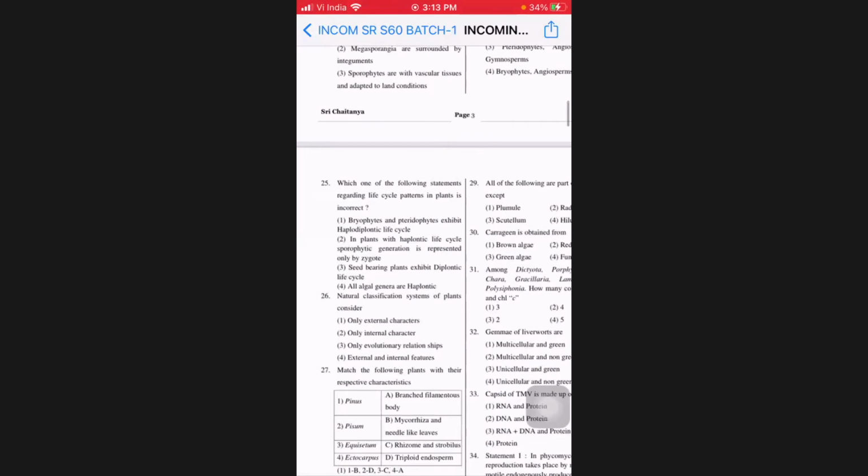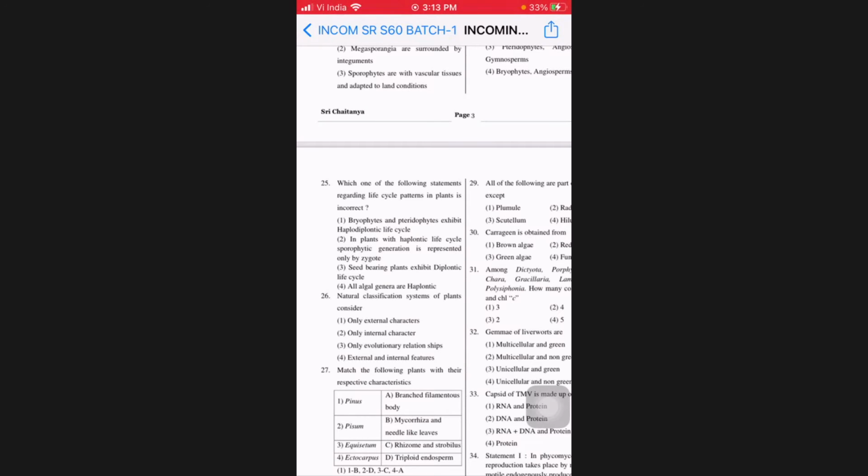Third, seed bearing plants exhibit diplontic life cycle, correct, gymnosperms and angiosperms. All algal genera are haplontic. Was it all algae haplontic? No, sir. Some are haplodiplontic, Ectocarpus, Laminaria, etc. There was one diplontic, Fucus. So the fourth is incorrect.